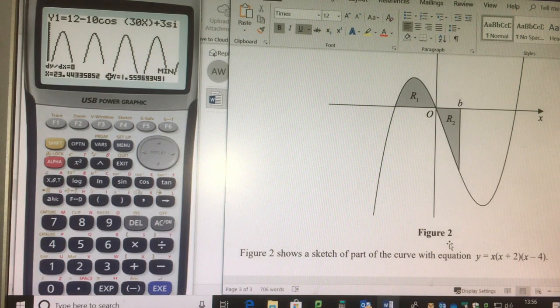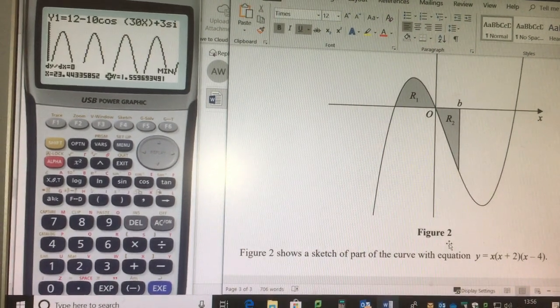Sam, you right? Yeah, sure. It doesn't actually matter in this one.